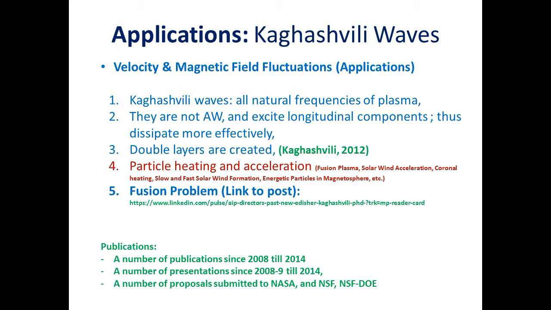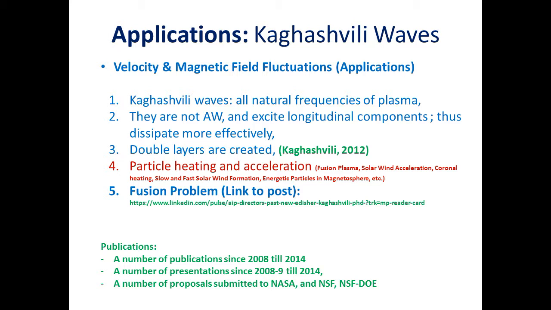Those components were small. These fluctuations were deviating from the original Alfvénic waveform, changing it, and they were very important to create a non-zero phase-averaged electric field. And like I said, all natural frequencies are present in the Kagashvili waves, and they have different amplitudes.